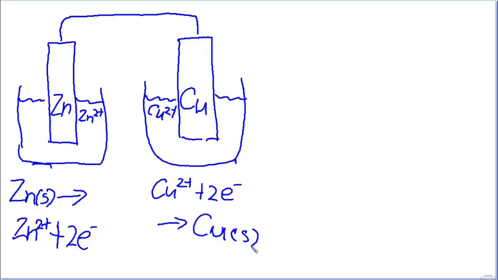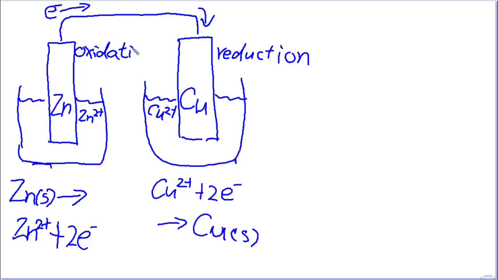The electrons are being transferred from zinc to copper. It is moving in this direction. As you can tell, the copper side is being reduced by definition. This is where the reduction occurs. It's receiving electrons, while the zinc side is where the oxidation occurs, as it is releasing electrons.